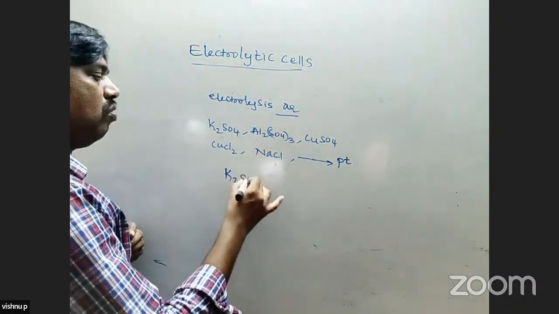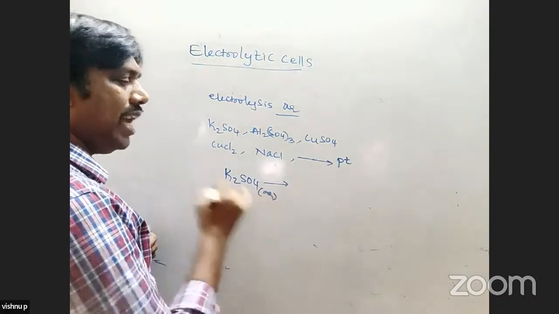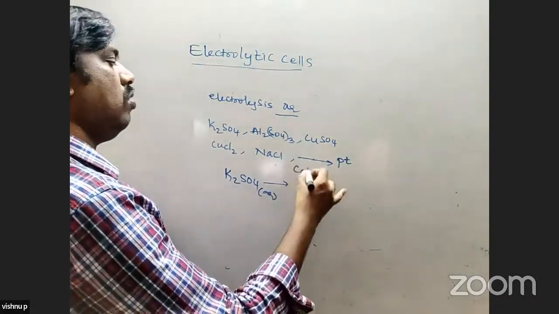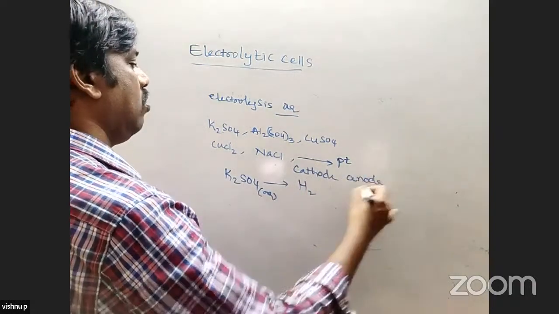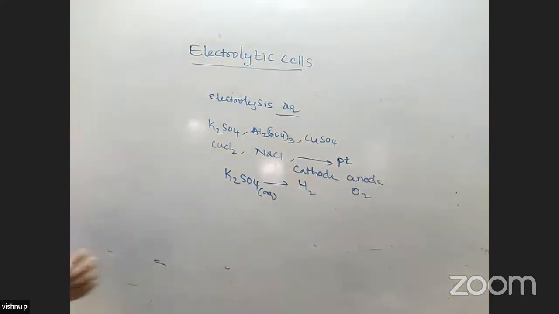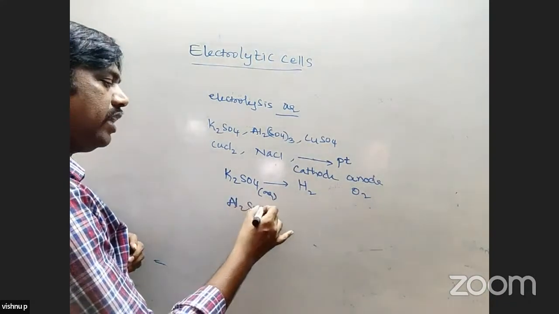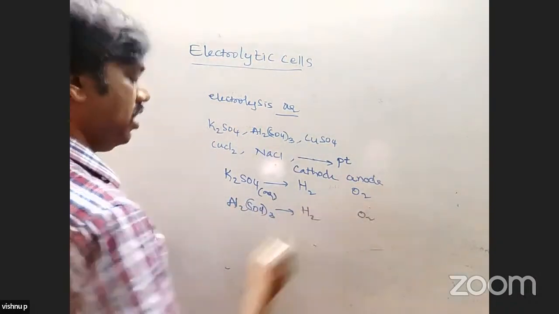When aqueous K2SO4 is electrolyzed, hydrogen is evolved at the cathode, and at the anode, O2 is evolved. When Al2(SO4)3 is electrolyzed, hydrogen and oxygen are obtained.